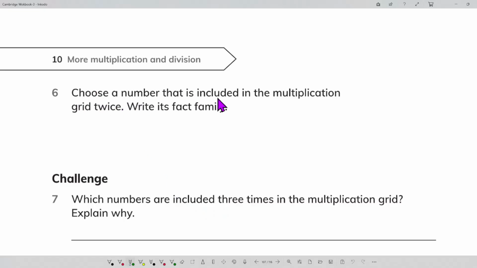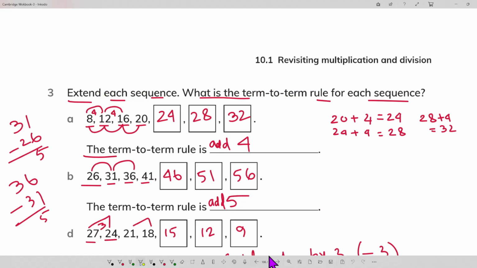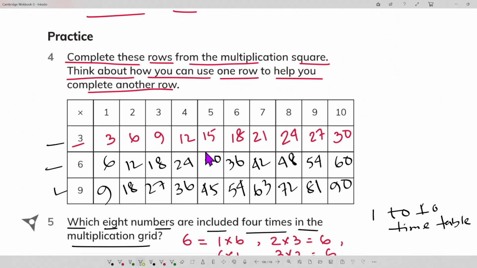Choose a number that is included in the multiplication grid twice. Write its fact family. So step by step we think. Let's say if we consider this table, look, here is 18, and here is also 18.